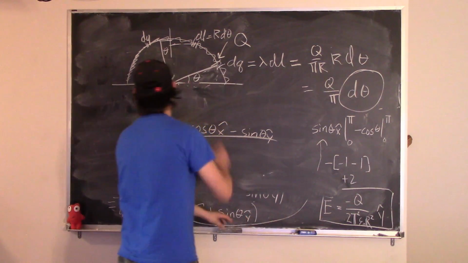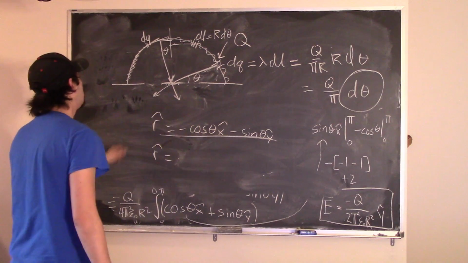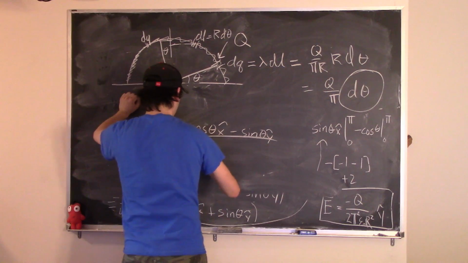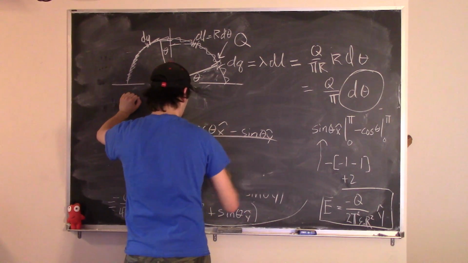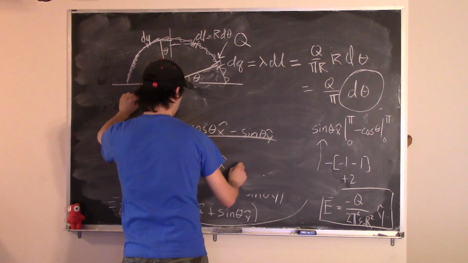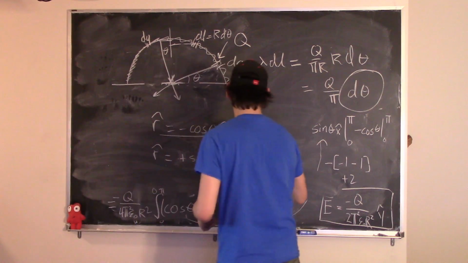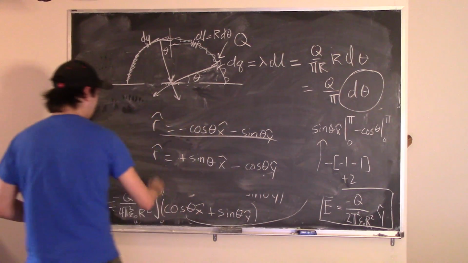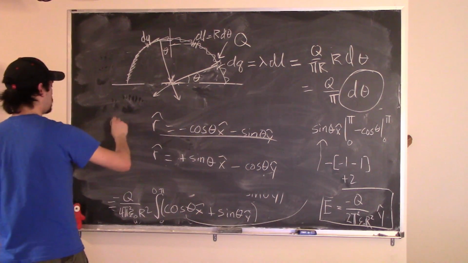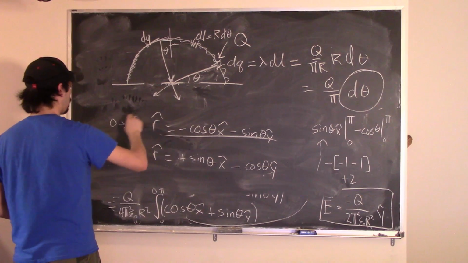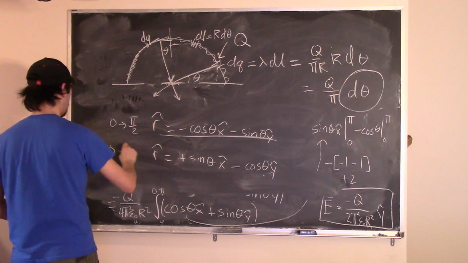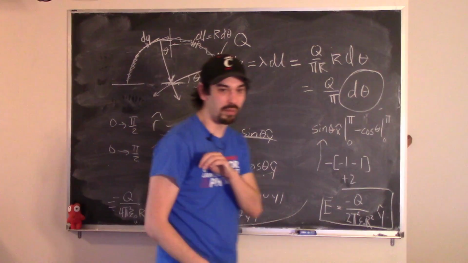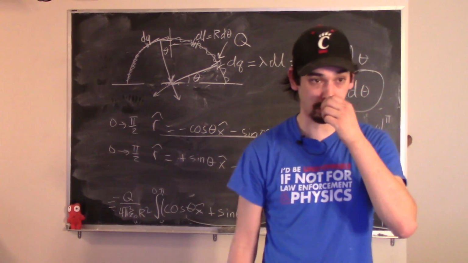The second r hat, if I wanted to do that, would be a plus sine of theta x hat, and then this would be a minus cosine of theta y hat. And then the limits for integration for this one would be 0 to pi over 2, and this actually would also be 0 to pi over 2. But I don't know if I'm actually answering your question or not, Rachel.